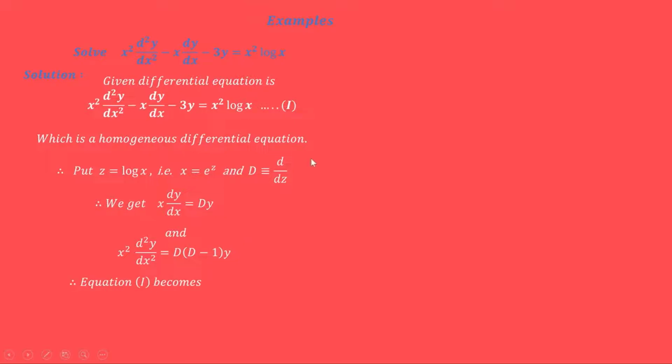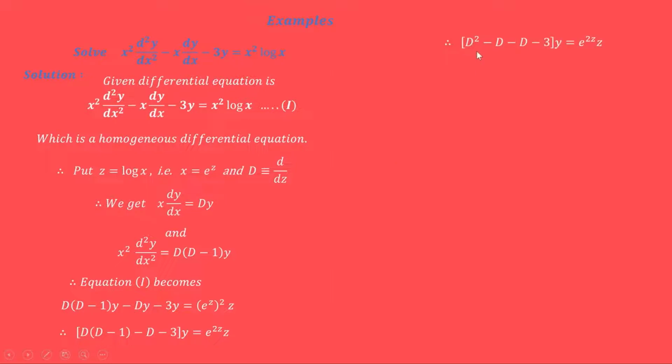So equation 1 becomes D into D minus 1 into y minus D into y minus 3y is equal to value of x, which is e raised to z. So here we get e raised to z bracket square and then log of x, and log of x is z. Now take out this y as a common and D inside 1.